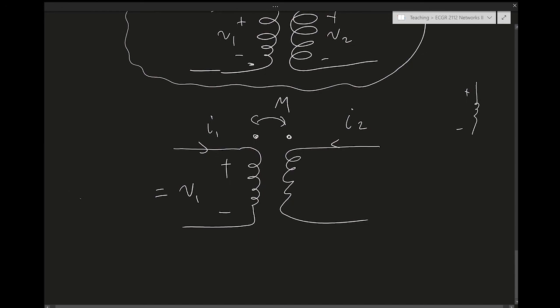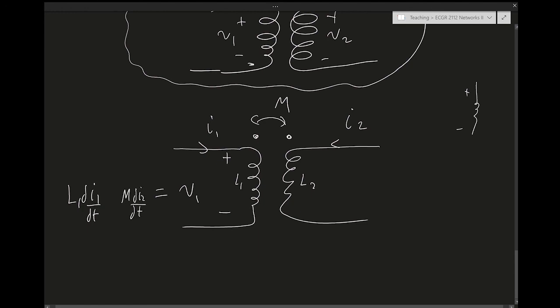This is going to be L1 di1 by dt, because this follows the well-known convention that the voltage drop across the inductor, this is L1, L2, right? The current is going into the positive sign. Okay. Now, what about the mutual term? So I have here now M di2 by dt. Is this going to be positive or negative?